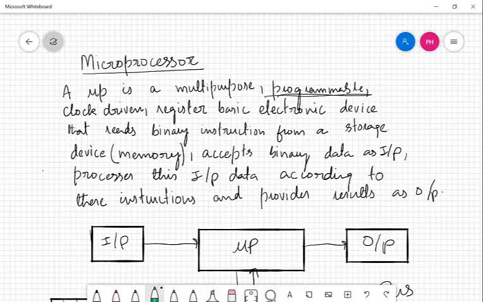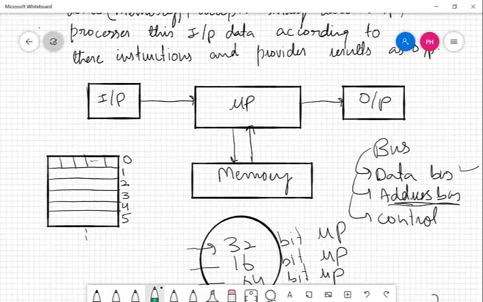That means there's basically a clock which determines the speed at which the instructions are executed by the processor. It's register based. What we mean by register based is that registers are actually memories. Registers are used inside a microprocessor, as we may see in coming lectures, to hold temporary data during the processing of information.